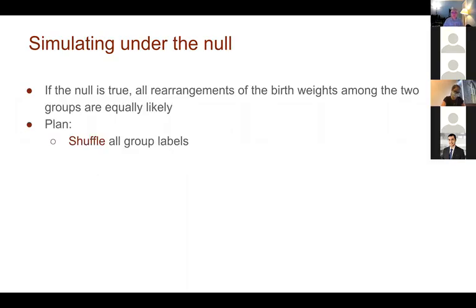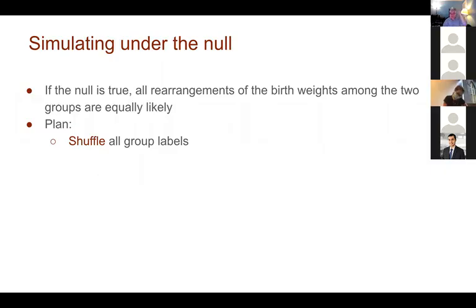So we're going to shuffle to run our experiments, and this is kind of the framework. This is kind of the key slide, and this is how you perform A/B testing. It's the framework that you'll use for any type of A/B testing. So you're going to shuffle all the group labels.